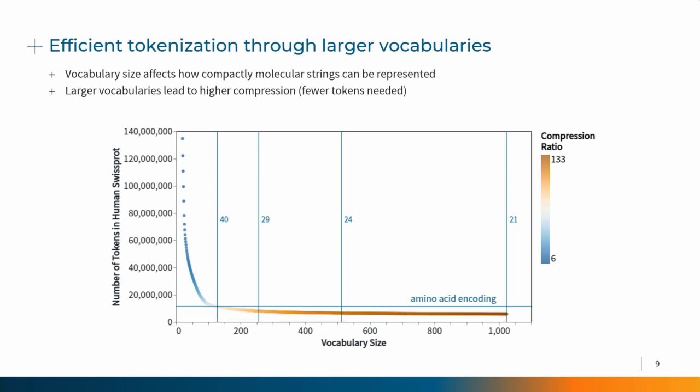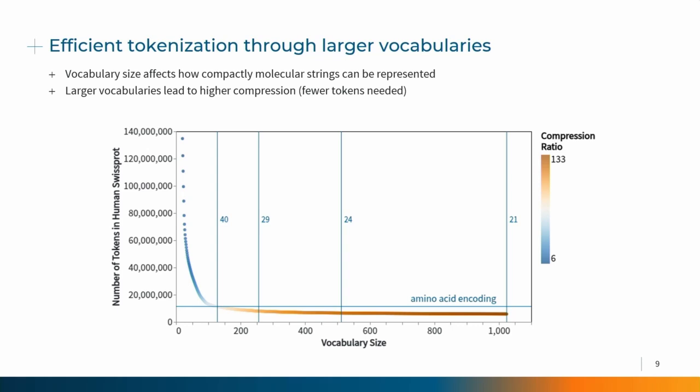And on the vertical lines, you see how many tokens we would need to represent a peptide with 40 amino acids. And at the end, you see that with a vocabulary size of 1024, we actually only need 21 tokens to represent a peptide with 40 amino acids, meaning that byte pair encoding can actually capture even bigger structures than amino acids.